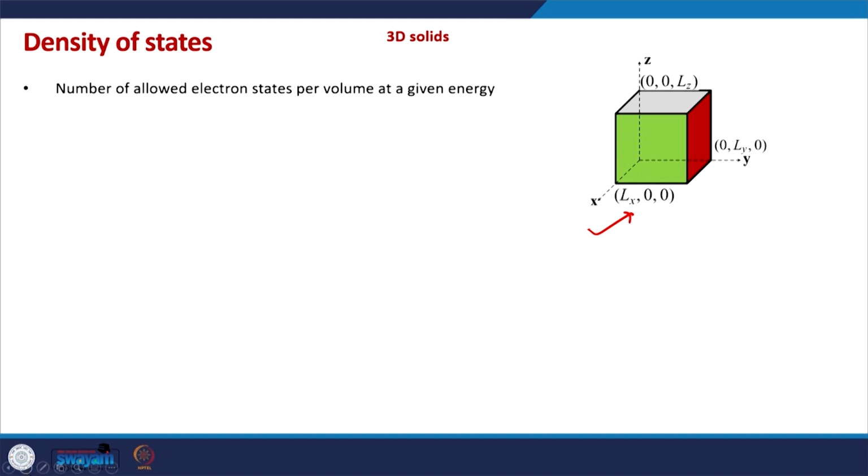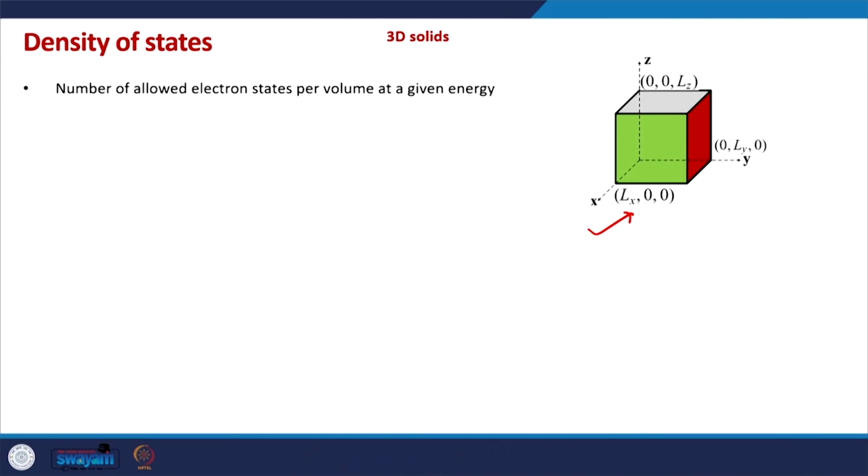And if we make a simple assumption that for the energy values at which we are interested, which means at the bottom of bands and the top of the bands, generally these are 2 regimes of the EK plot where we are most interested in, because that is where the entire electron and hole transport takes place.